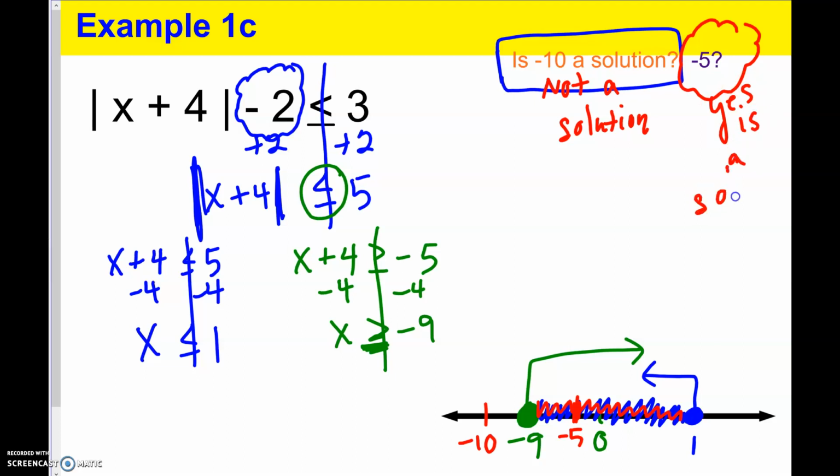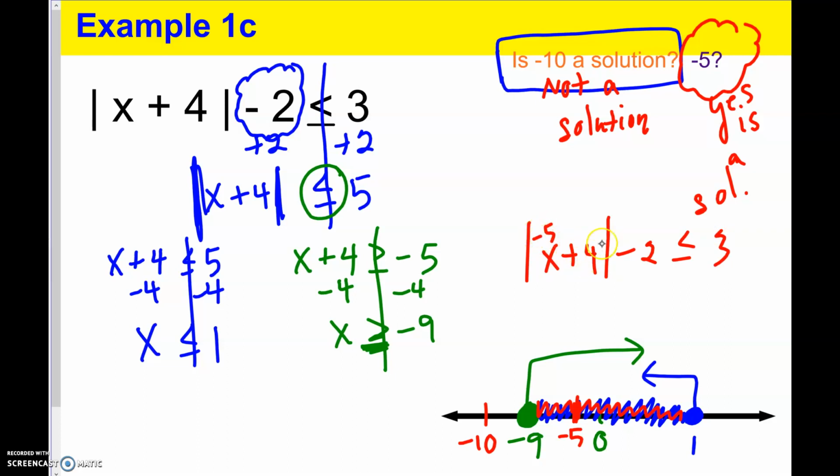Another way you can do this if you don't have it graphed is to go back to your original problem. So when it says the absolute value of x plus 4, minus 2, less than or equal to 3, let's plug in that number. In place of x, put in your negative 5.